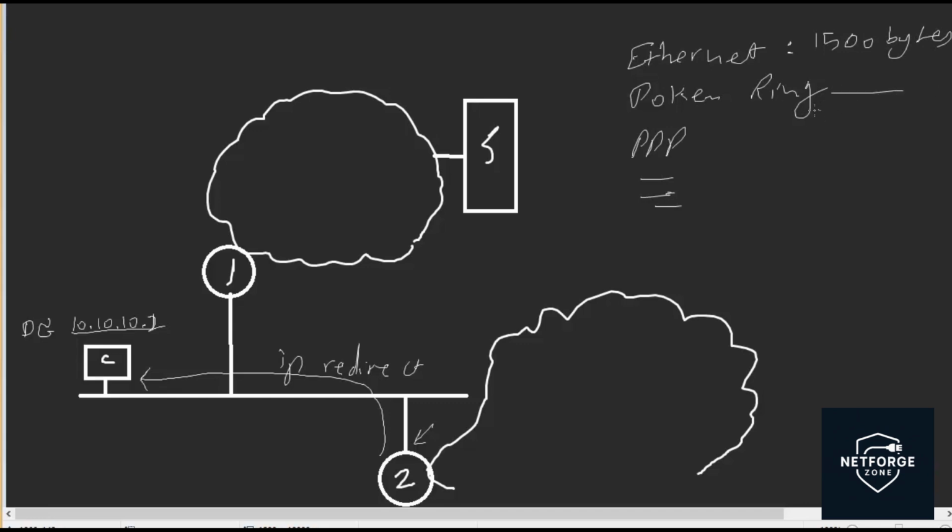And other types of networks such as ATM, FDDI, may be different. You know that in ATM you have 53 bytes in a frame. So you can see that the frame size is so different.